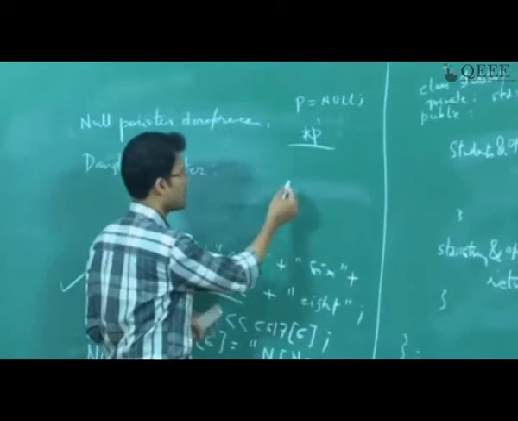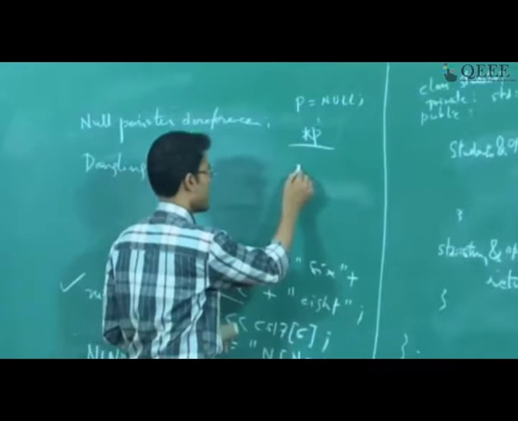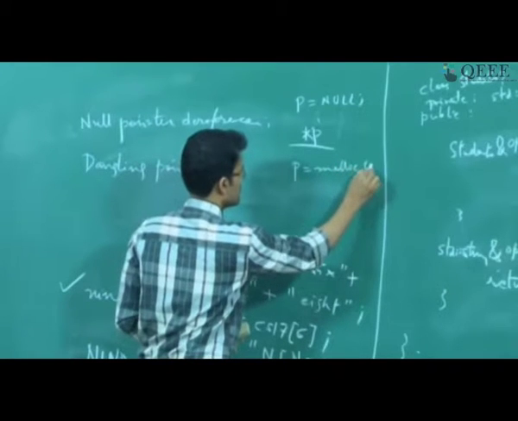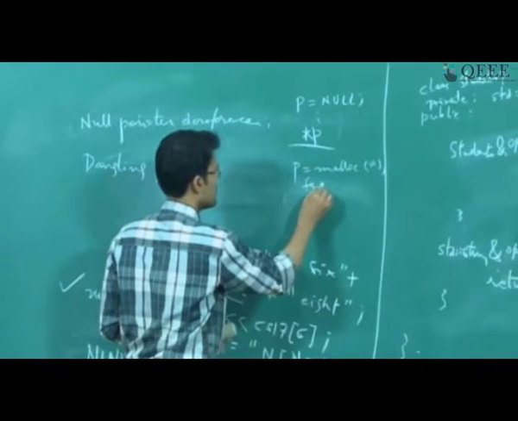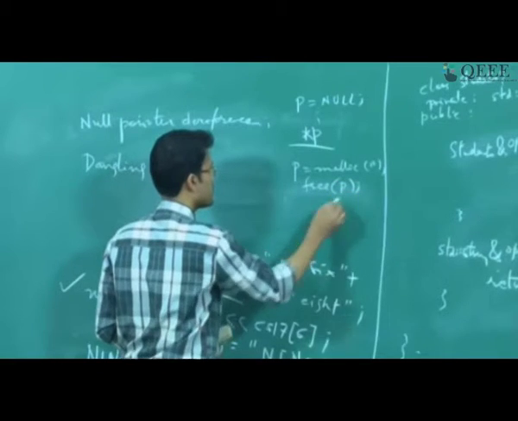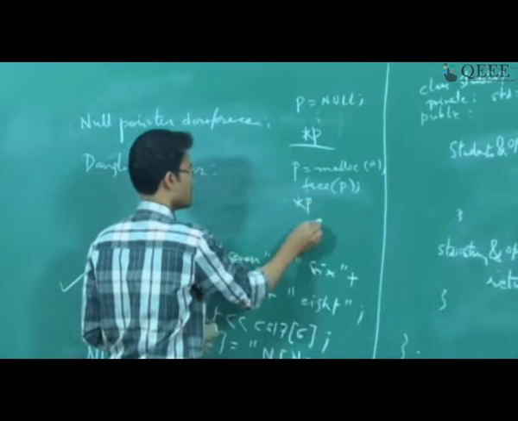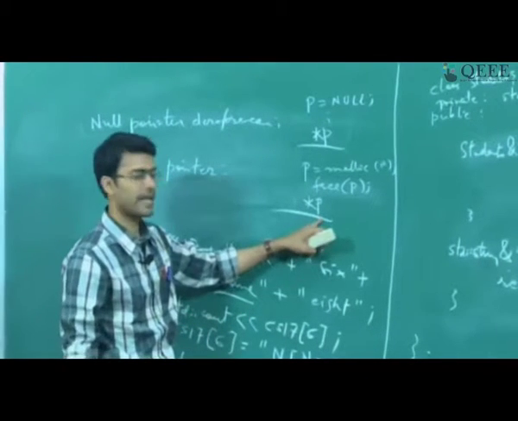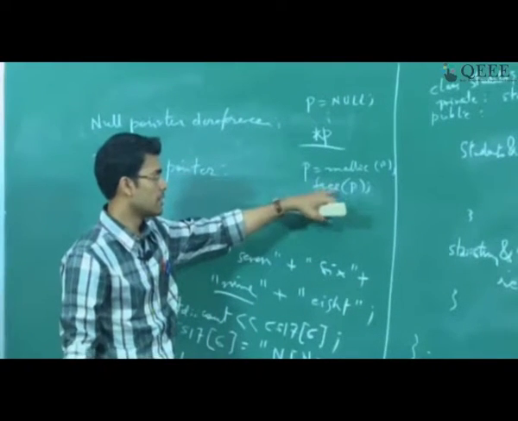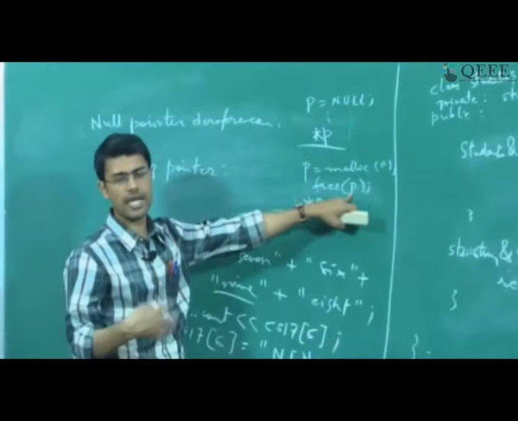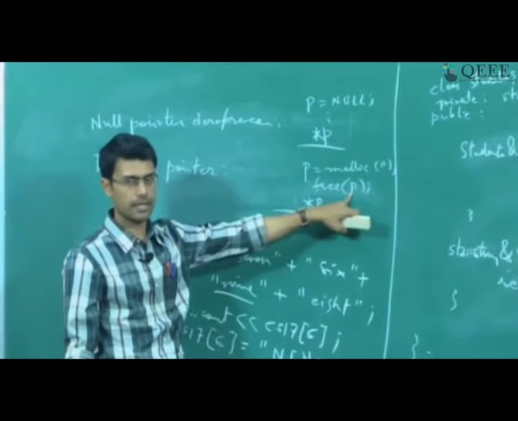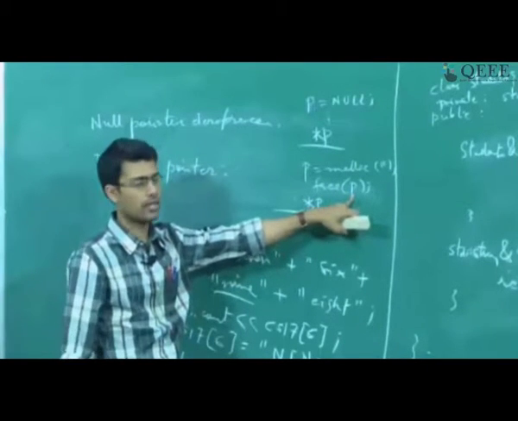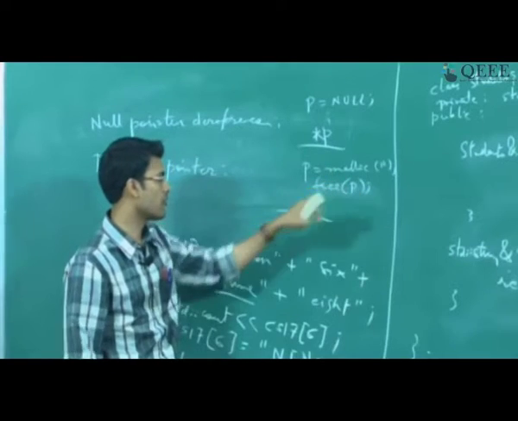Similarly, in case of dangling pointers, let us say I have p equal to malloc, and then somewhere down the line I freed that memory and then I am dereferencing the pointer, right? In such cases what you get is a dangling pointer. So for example, in case of C, free p is not really going to change the value of p to null, and therefore p is still pointing to whatever it was pointing to.